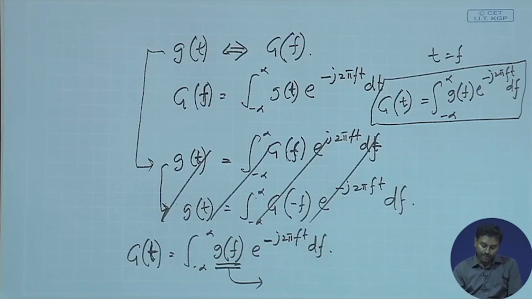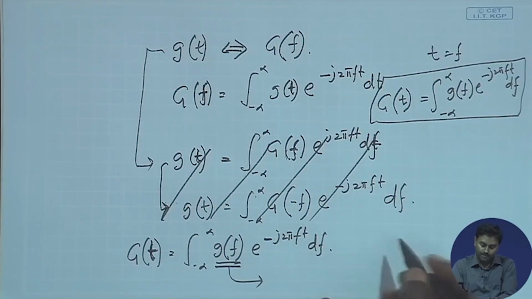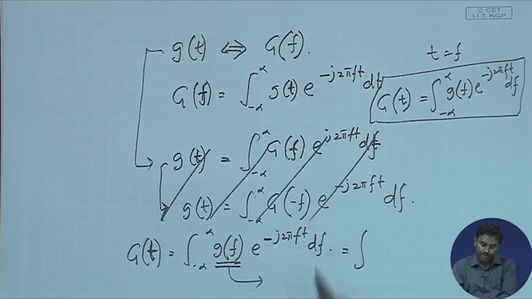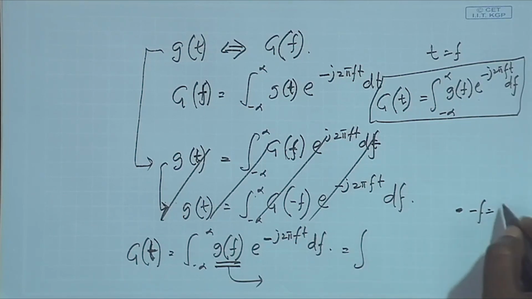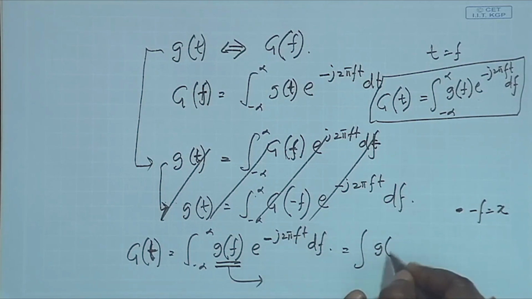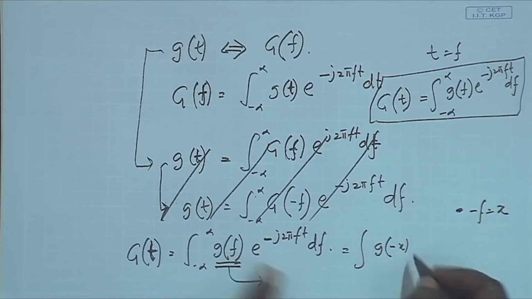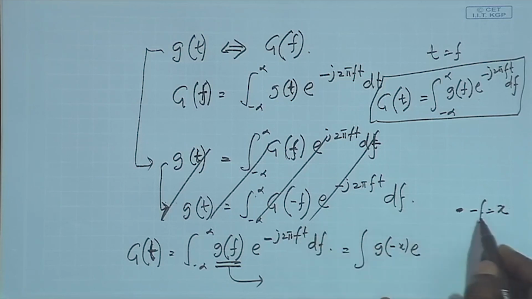So, what I can do is, instead of this f, I can put minus f, right. Immediately, if f is replaced by minus f, or I can write minus f as some x, this will become g(minus x), because f is minus x, g(minus x) e to the power minus, this will become plus, because minus f becomes x.